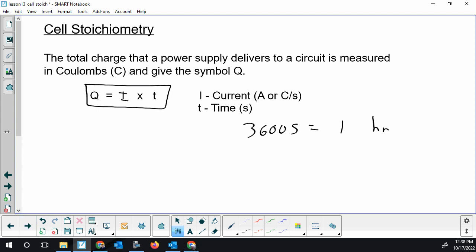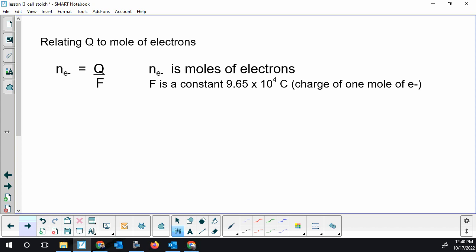Next, that doesn't get us to where we need to go. We need to get to moles of electrons. To get moles of electrons, you take that Q, that charge, and you divide that by Faraday's constant, 9.65 times 10 to the 4 coulombs per mole.